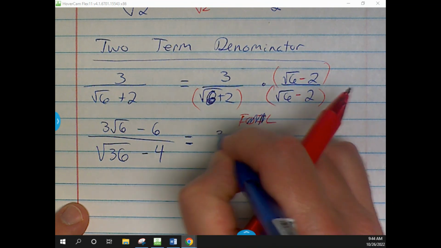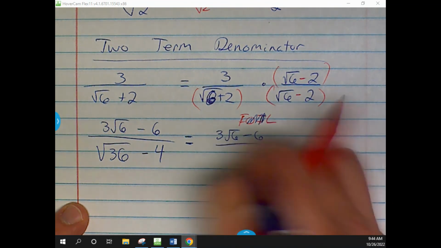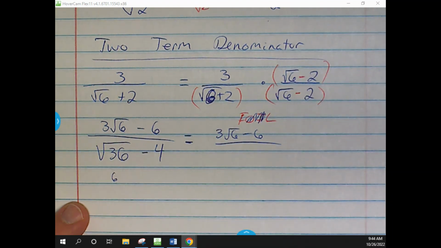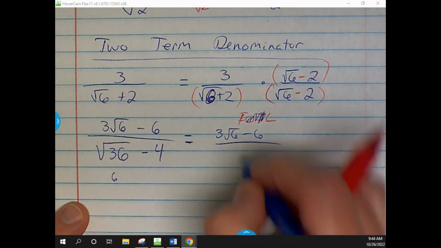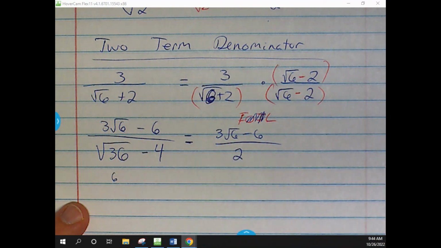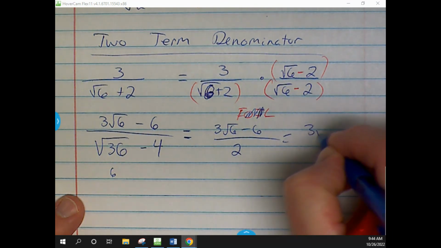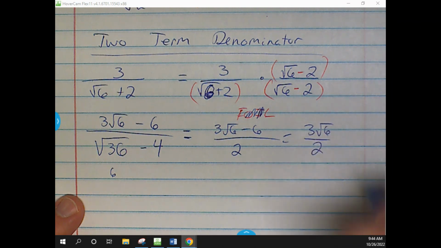All right, so we've got 3 square root of 6 minus 6. That's over, square root of 36 is 6, right? 6 minus 4 is 2. And this is one of those where they would probably break it up into 2 separate parts, because that's 3 square root of 6 over 2 minus 6 over 2.